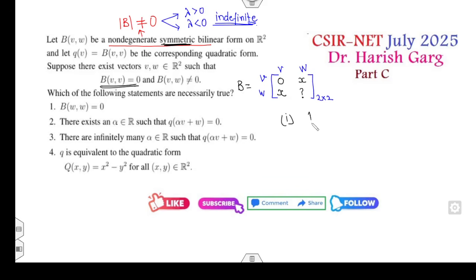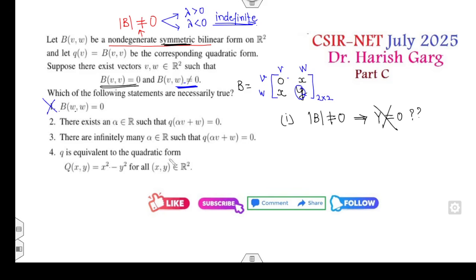For the non-degenerate, the determinant should be non-zero. If I consider this number as Y, is it 0? No. It may or may not be 0. Whatever the value of Y, the determinant will always be non-zero because X is non-zero. The first option is the wrong option.